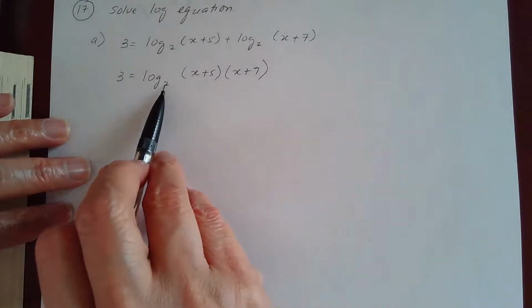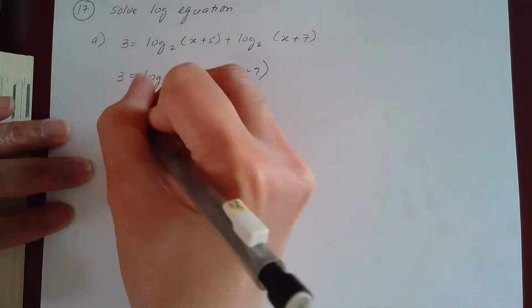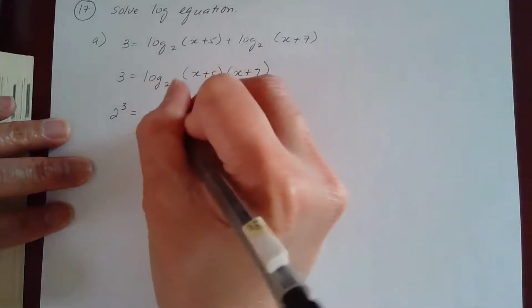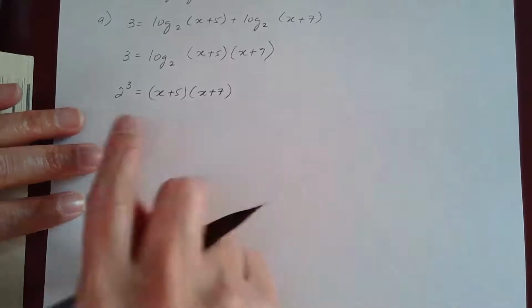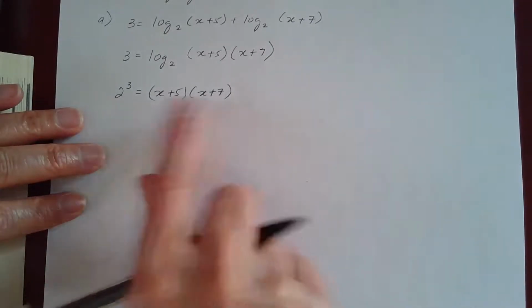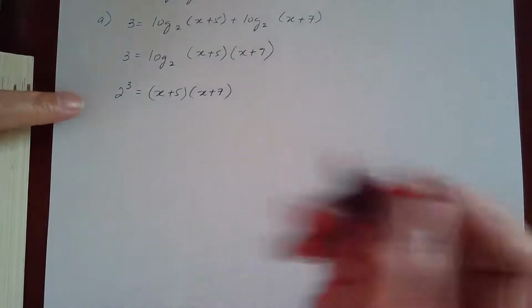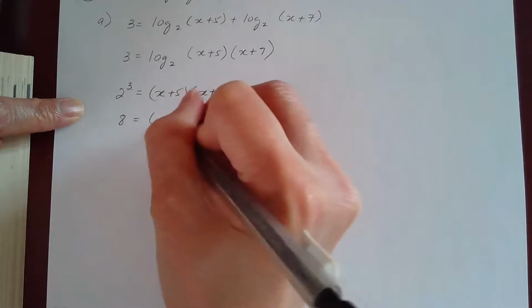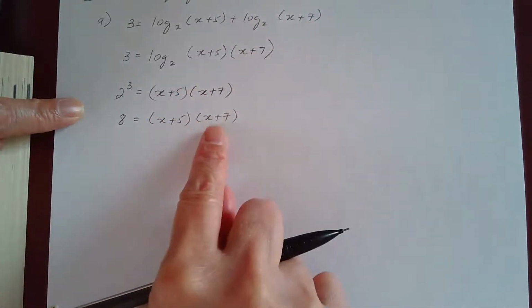So that means 2 to the exponent 3, 2 cubed, what is that equal to? x plus 5 times x plus 7. And then this is a nice quadratic equation. Okay, and we know how to do this. So 2 cubed, that's 8, equals x plus 5 times x plus 7. We can expand this one.